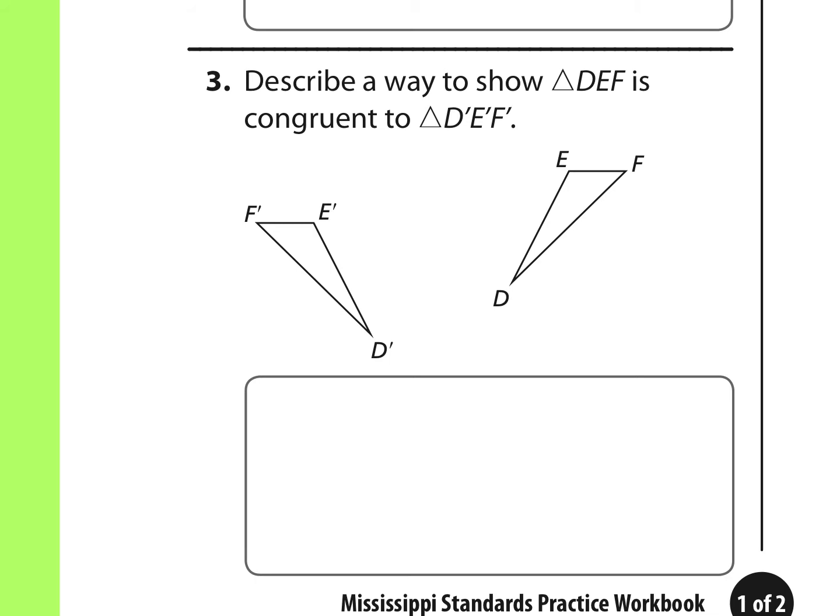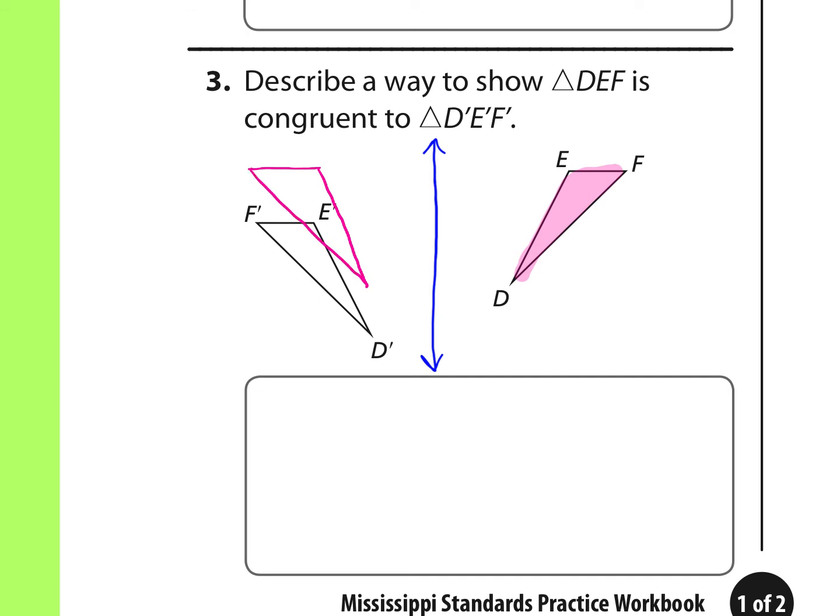And so the first thing I notice is that they're backwards of each other. So if I were to draw a vertical line, then I could see that when I flip this triangle DEF across that vertical line, I'm going to end up with a triangle somewhere about here on the other side of that vertical line.